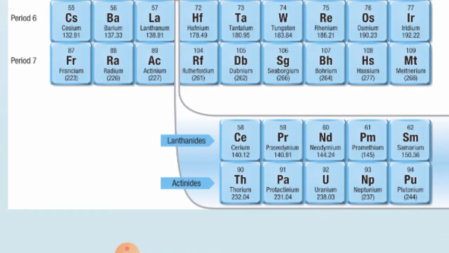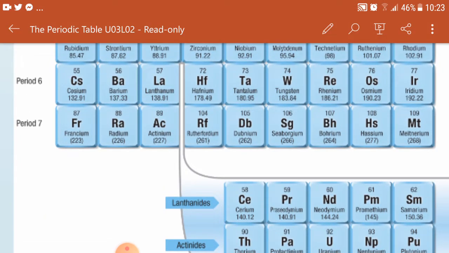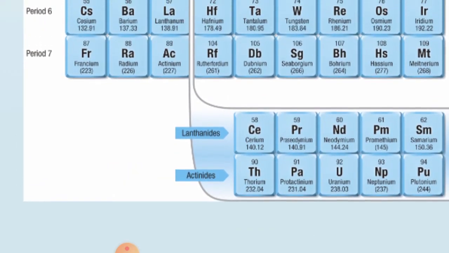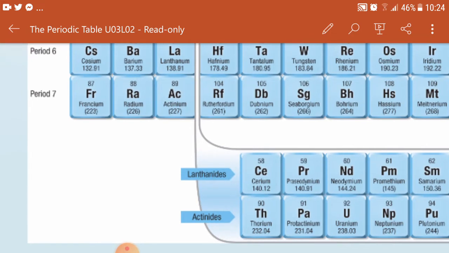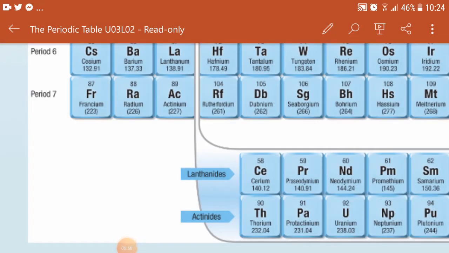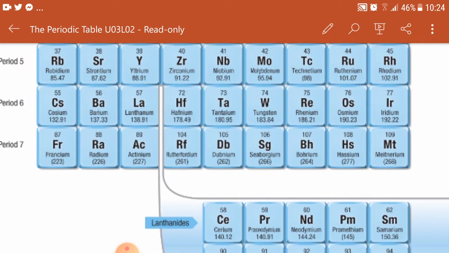This is Ce here, it has 58, then 59, and they have to be in the same period. Down in the actinides, this Ac has 89. The next one, Th, has 90, then 91, and to the end. They had to be in the same space here.